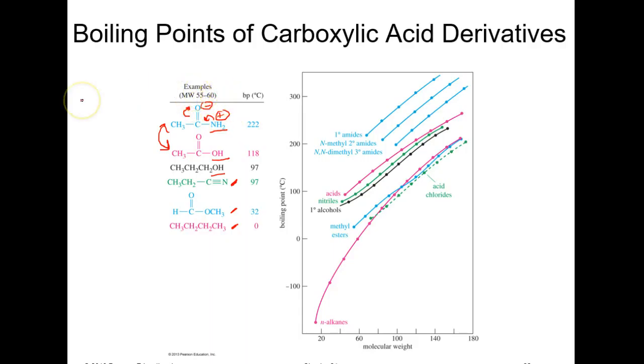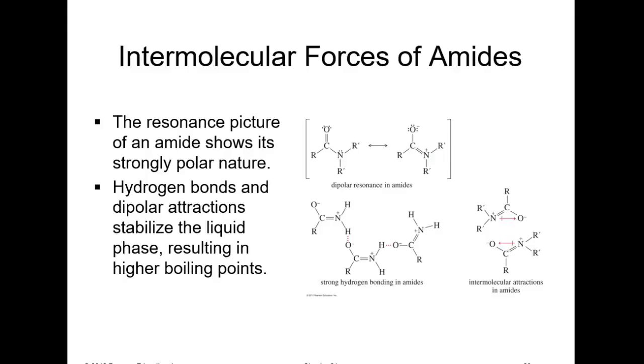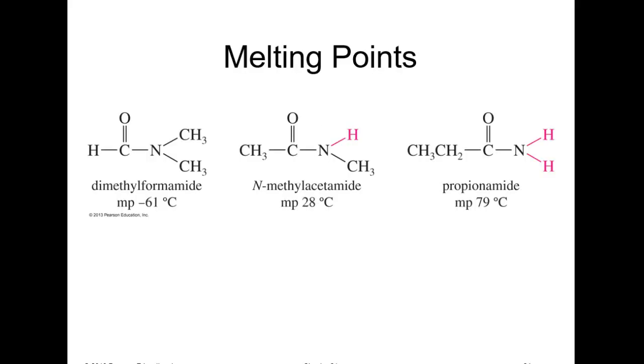Because of that charge on that molecule, it actually has a much higher boiling point than the corresponding carboxylic acid. You can see the boiling point is almost twice as high. Here they show a resonance picture, how it has a dipole moment, and you really have very strong hydrogen bonds. So that's pretty interesting.